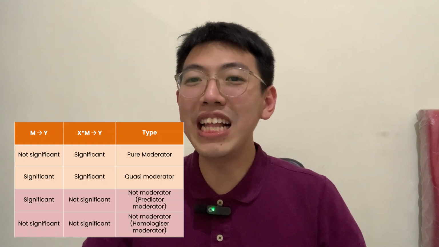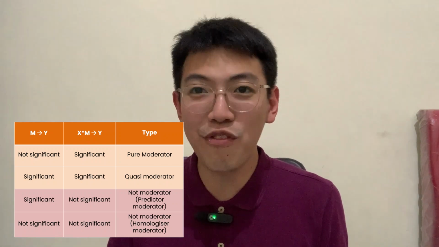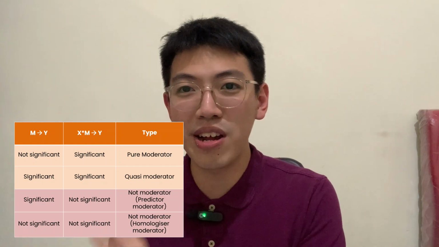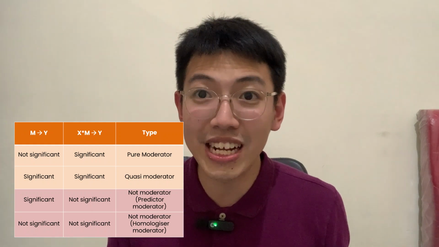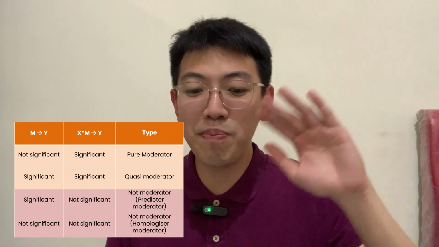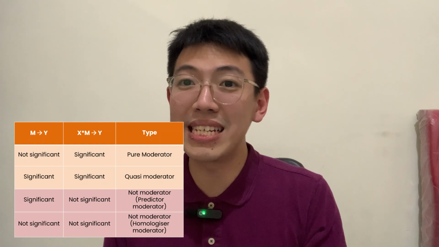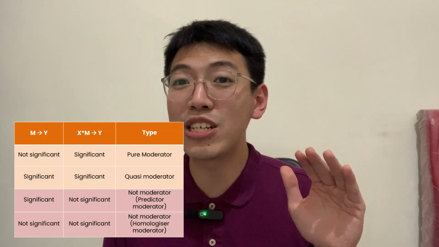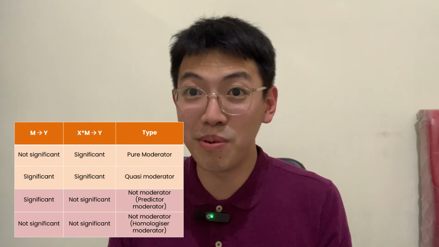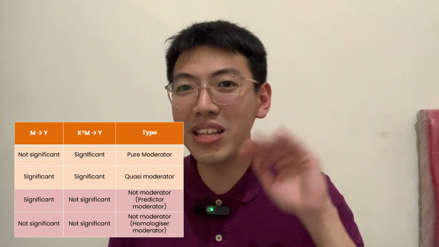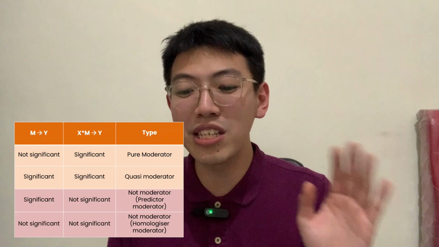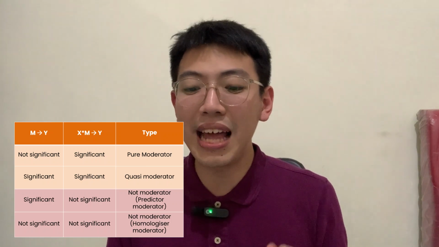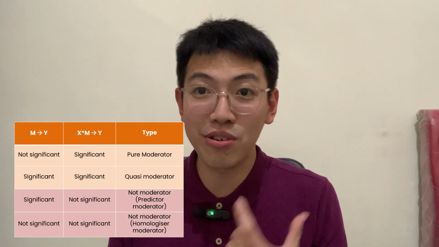However, if the interaction term is not significant on the dependent variable, it is not moderator. If the moderating variable itself significant, we can say it is predictor moderator. It means the moderator actually becomes the independent variable. Well, if the moderating variable itself also not significant, we call it as homologizer moderator.